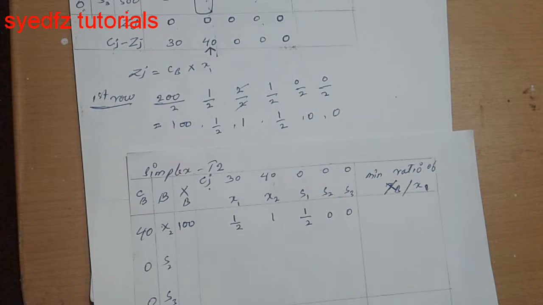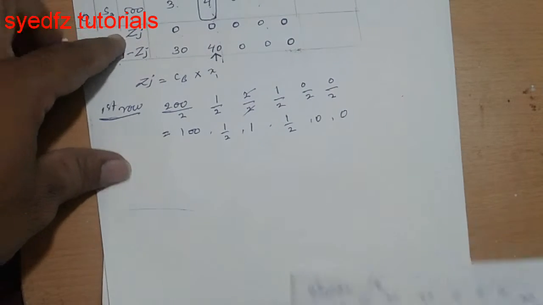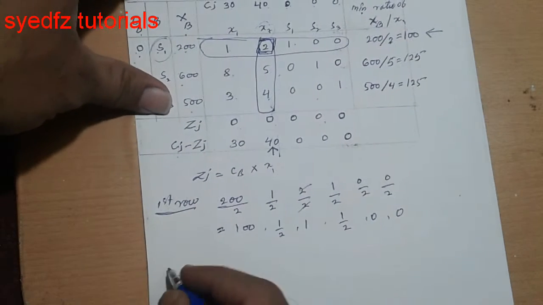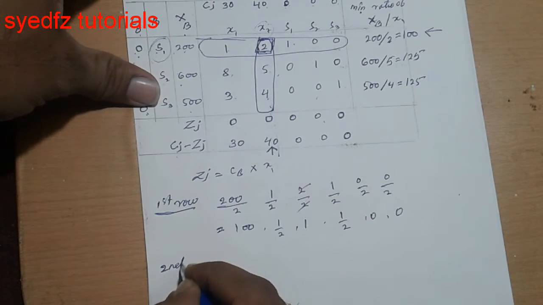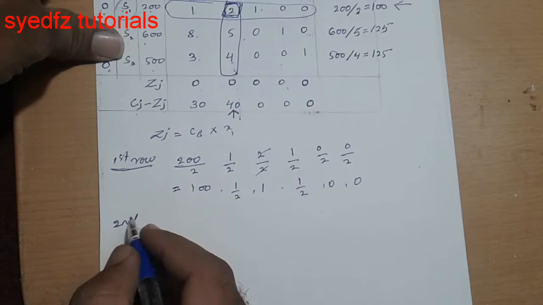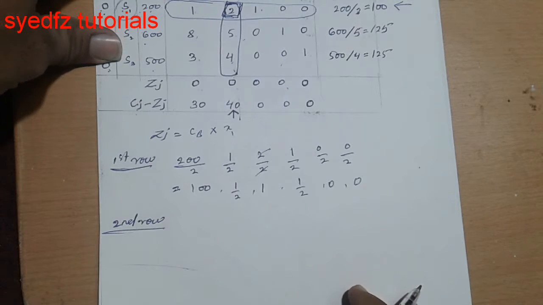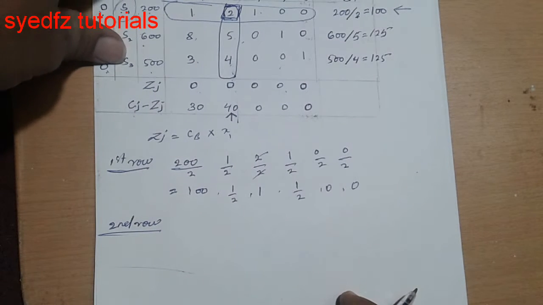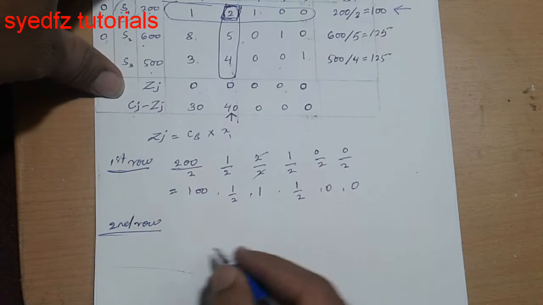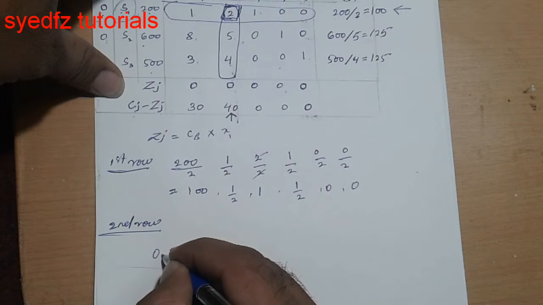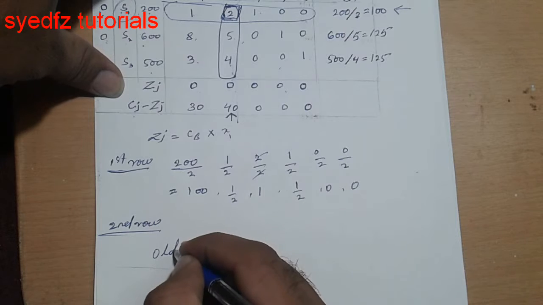What is the formula? The formula we take is for the purpose of calculation of the second row and third row. I will show you in an easy manner.